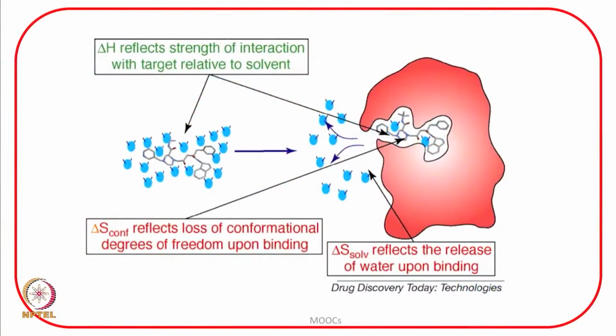Let us take a look at the next slide. This is what I was talking about. A molecule in solution will have water surrounding it. Before this molecule goes and binds to the macromolecule, let us say this is the binding cavity. These water molecules will have to be removed, and also the water molecules which were earlier occupying the binding site have to be removed.